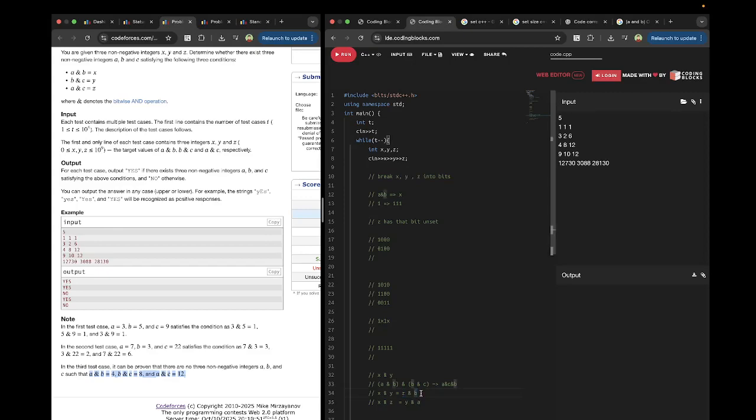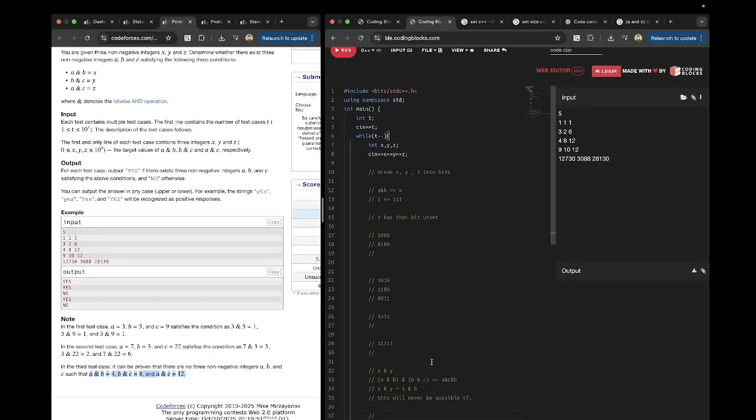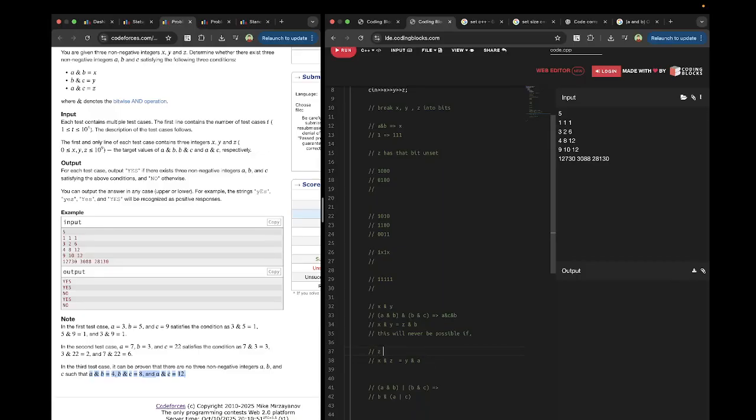So covering over that, that will never be possible if z has a bit unset where x and y doesn't.